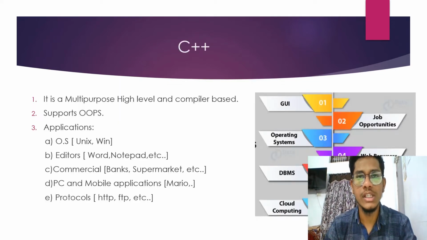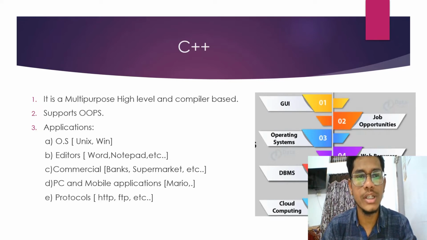What is C++? C++ is a general or multi-purpose, high level, compiler based language. And coming to our second point, C++ supports OOPS. What is OOPS? OOPS is object oriented programming system. After this we'll be discussing what OOPS and OOPS concepts are, but let us stick with C++ and its introduction.